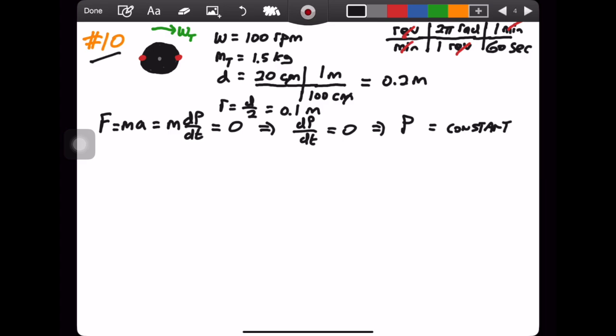Now, in this class, I've been trying to make a case that once you understand things in a linear fashion, you can quickly adapt to rotation. I talked about how when you had kinematic equations where you had some displacement x, the rotational analog was theta.